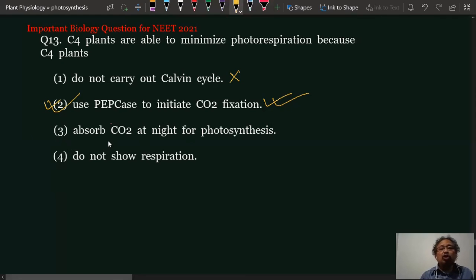Option 3, absorb carbon dioxide at night for photosynthesis, never, and do not show respiration, no. So C4 plants don't have photorespiration due to the presence of PEP carboxylase.